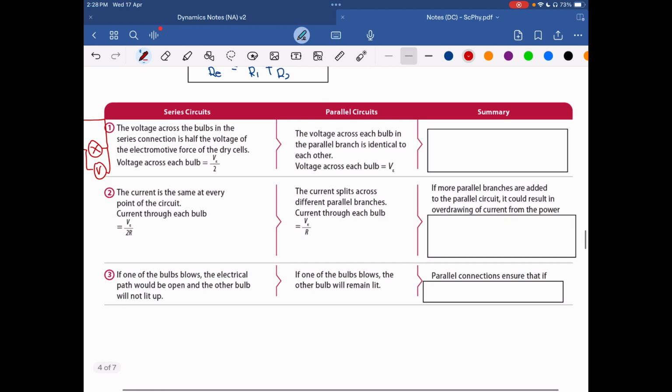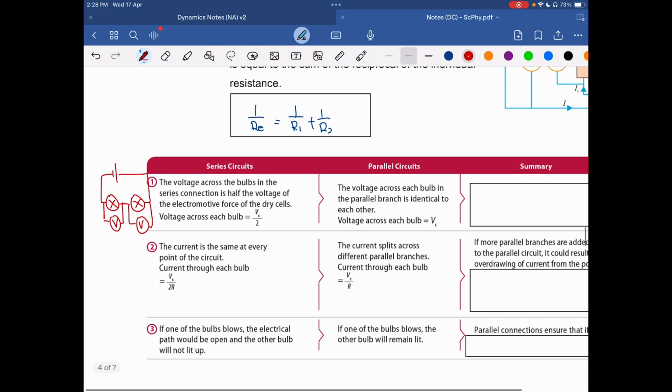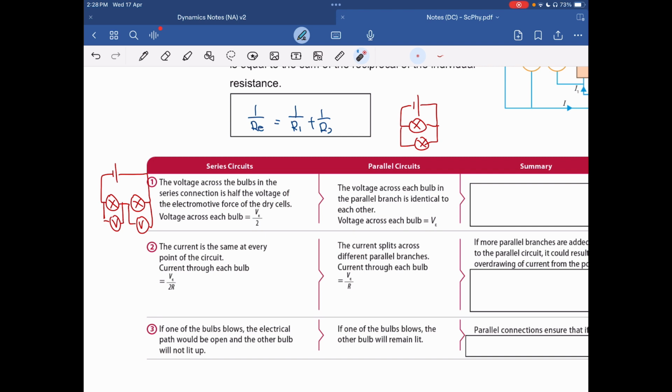As compared to a parallel circuit, if one bulb blows, the current can still flow into the other path, completing the circuit. So the other bulb will still remain lit.